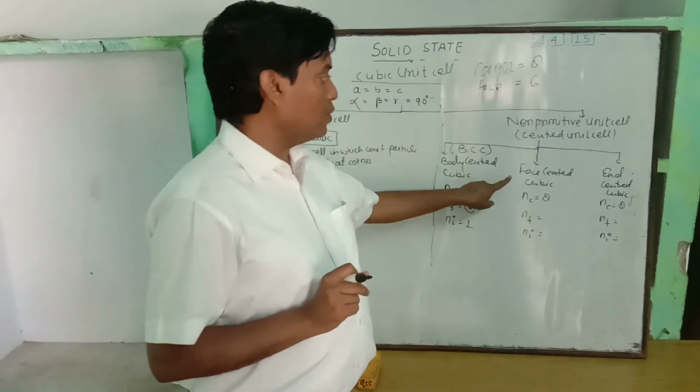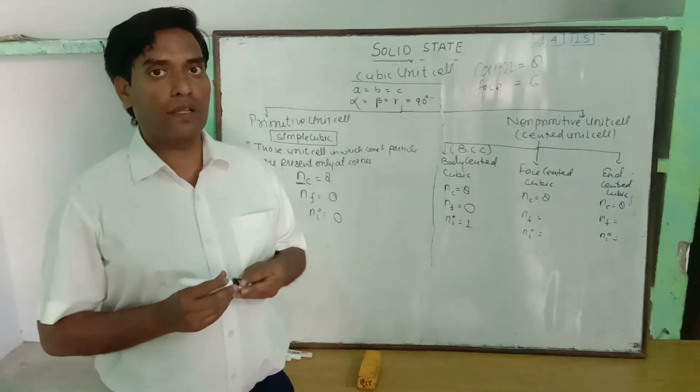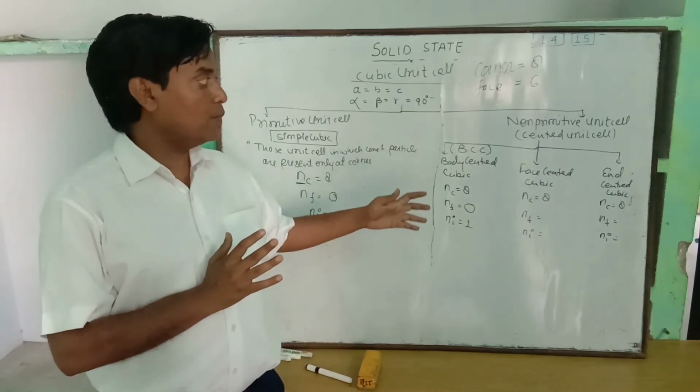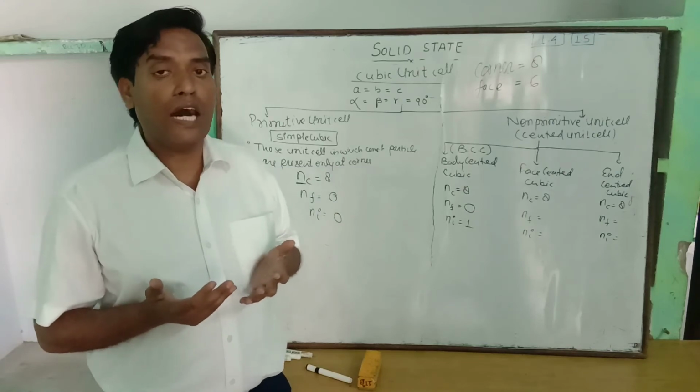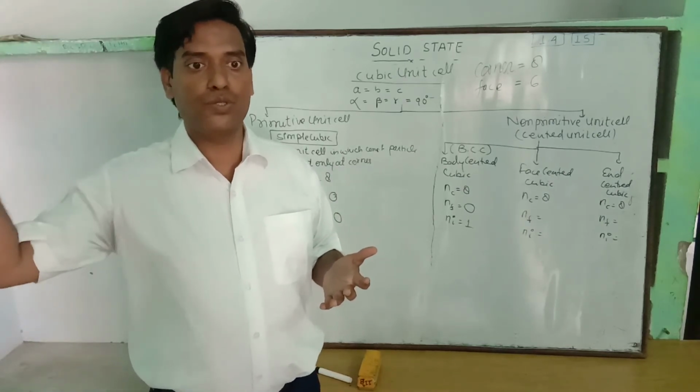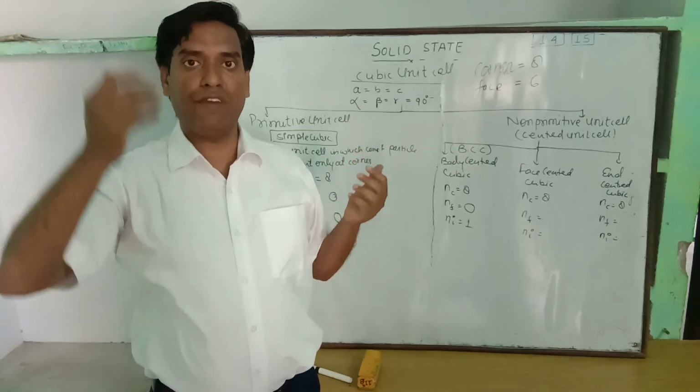Now I am going to tell about the face centered cubic. So before studying the face centered cubic unit cell, you again observe your room. How many faces are there? 1, 2, 3, 4, 5 and 6.